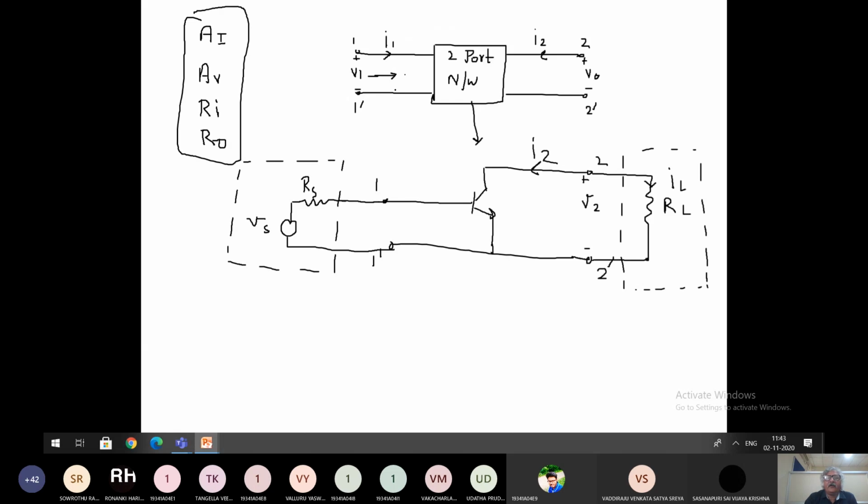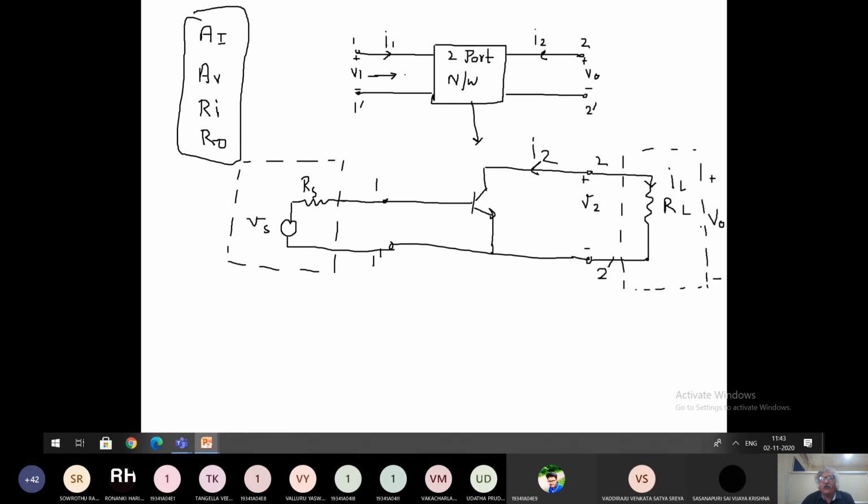Now you see in this circuitry, the output voltage you will take across RL. Here you will take this output voltage, right? Suppose this is V out. So what is V2? V2 is also a voltage across RL, right?